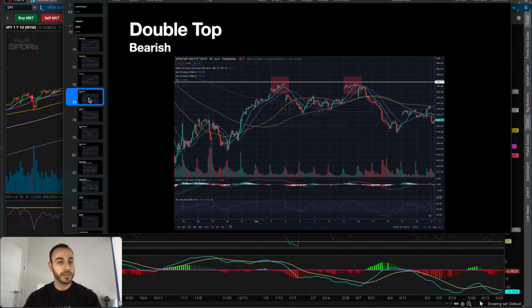Now, the double top and the triple top pattern, by theory, just mean that when you are moving up, if the stock market is moving up, or if the stock that you're watching is moving up and it gets rejected at a specific price point, that didn't just magically happen. It happened because buyers were simply not willing to pay that price for the stock at that given time.